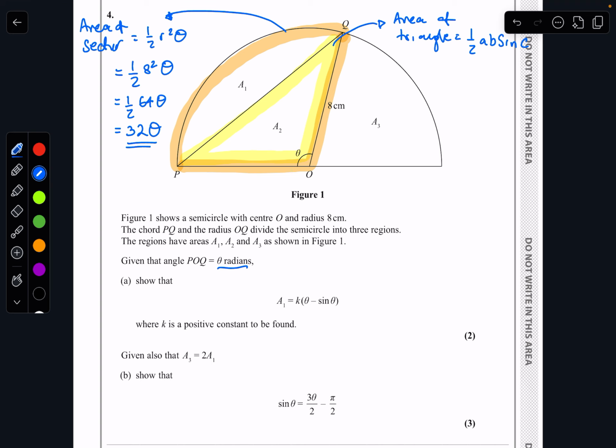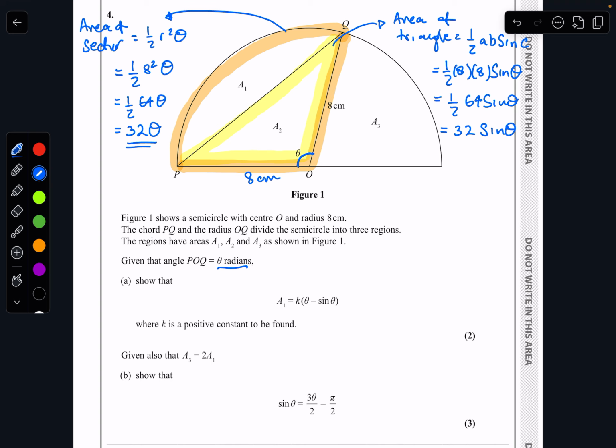The area of the triangle, on the other hand, very similarly, I need to use two sides and the angle in between. So we have the angle as theta, and the two sides, of course, are 8 and also 8 because they are the radius, so they will be equal to each other. So that would be a half times 8 times 8 times sine theta, which simplifies down to a half times 64 sine theta, which simplifies down to 32 sine theta.